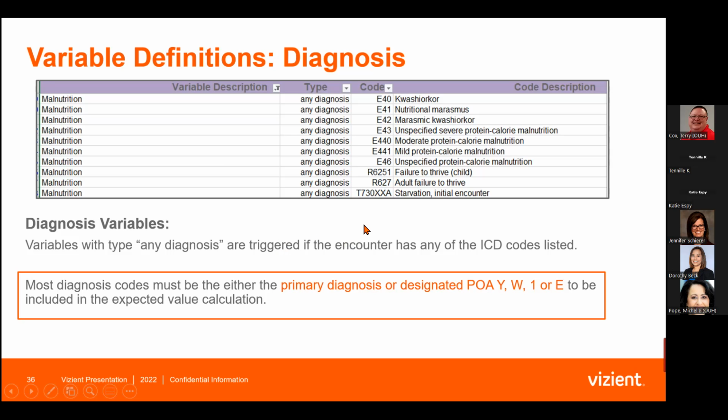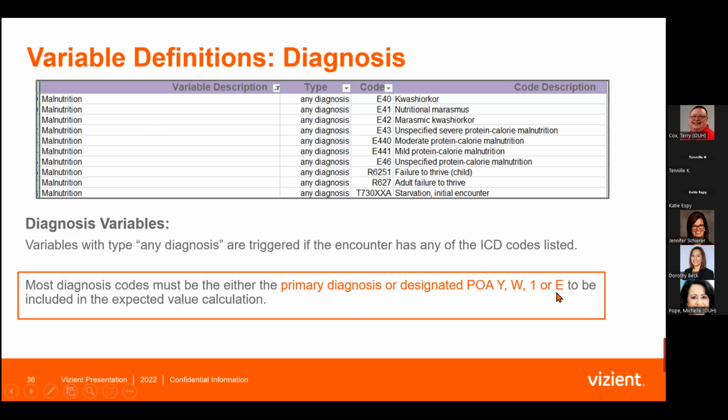But most of these diagnosis codes for our risk adjustment methodology must either be the primary diagnosis or designated as POA yes. And POA yes, Vizient defines as either Y, W, 1, or E. We have a slide with the definitions of this that I can show you later, but basically, E is exempt.